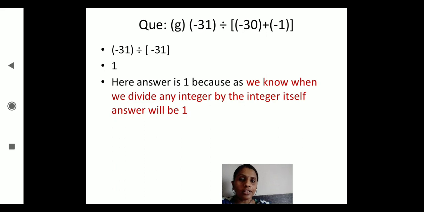Now, as we know, when we divide any integer by itself, our answer will be 1. For example, 4 divided by 4, the answer will be 1. -2 divided by -2, the answer will be 1. So here we are dividing -31 by -31, so our answer will be 1.